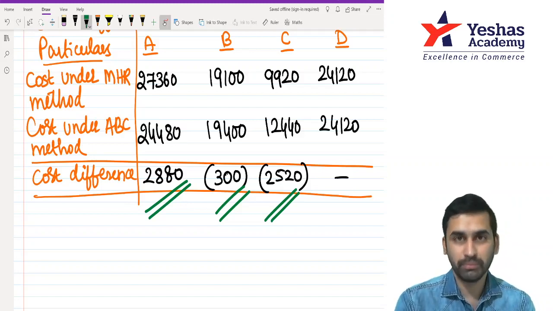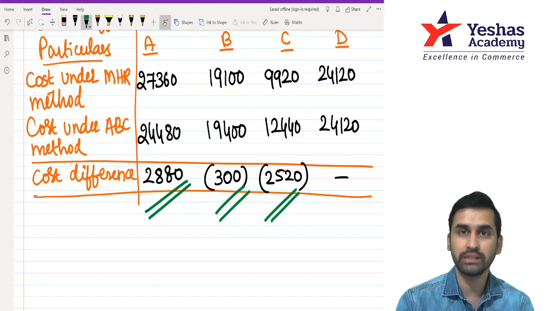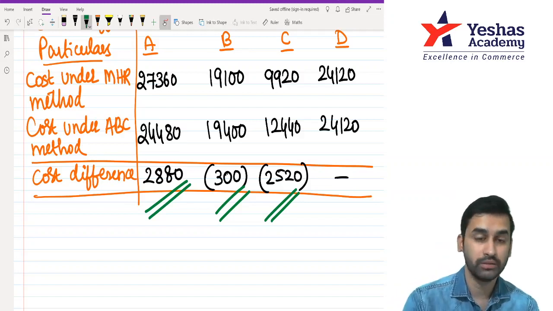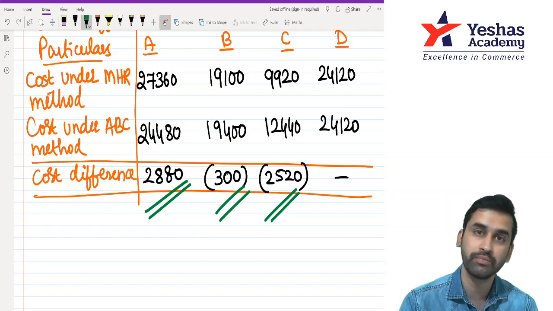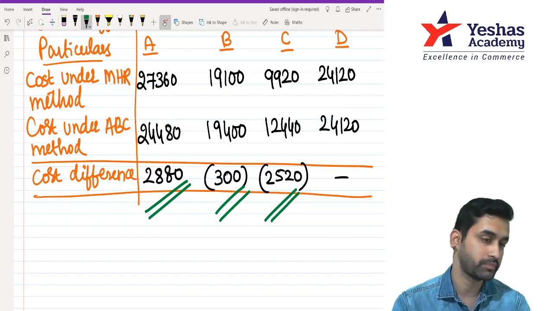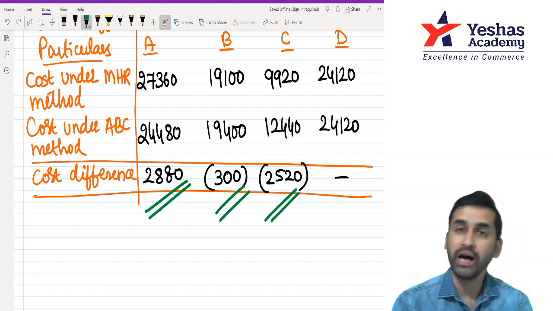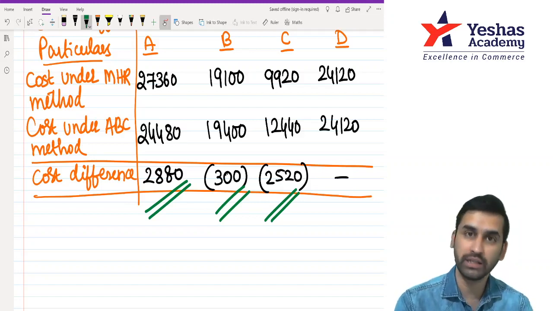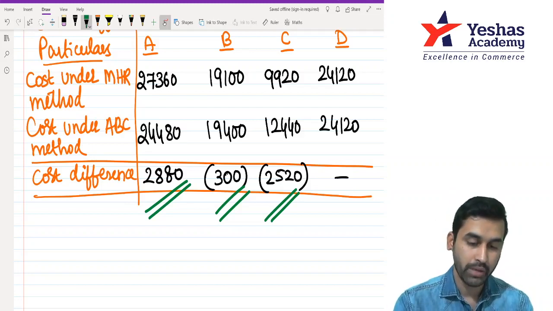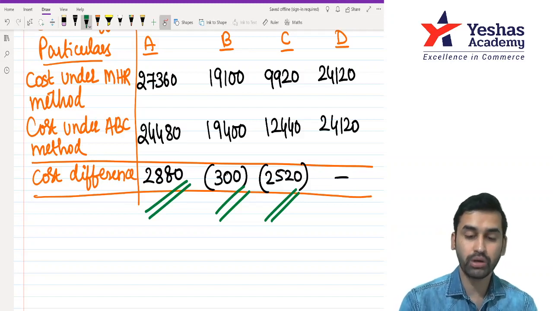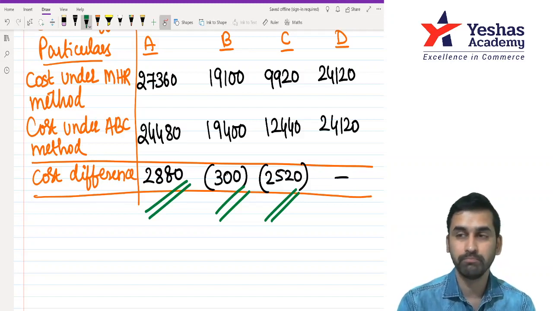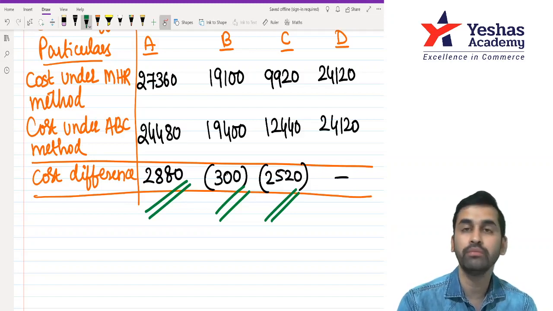Next line you write, a product may require less machine hour, but may consume more activities, and another product may consume more machine hours and less activity.